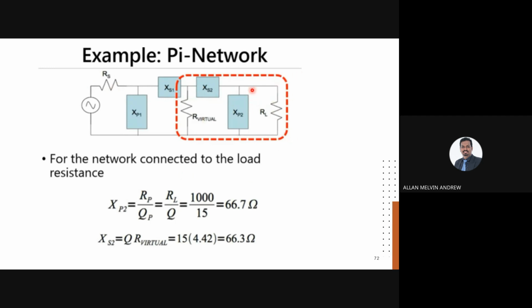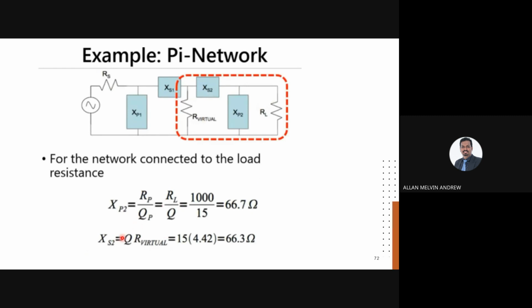We want to find XP2. RP is actually RL, so RP is RL over Q. Q is given, so 1,000 divided by 15. So XP2 is 66.7.